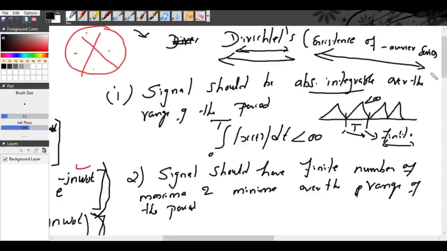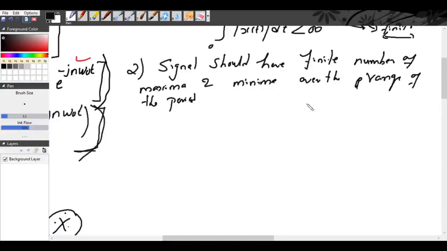What does it mean? How do I have to understand this? The signal should have a finite number of maxima as well as minima.